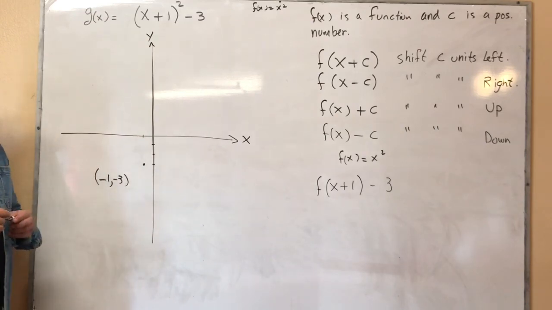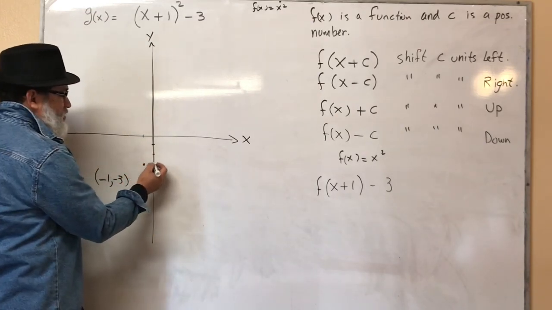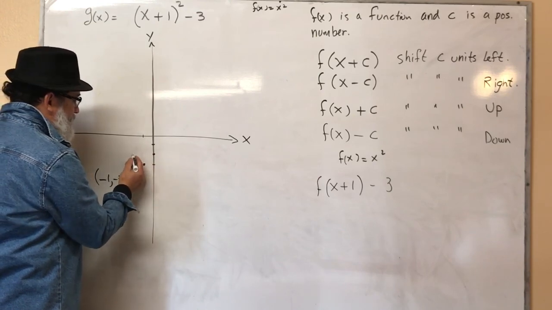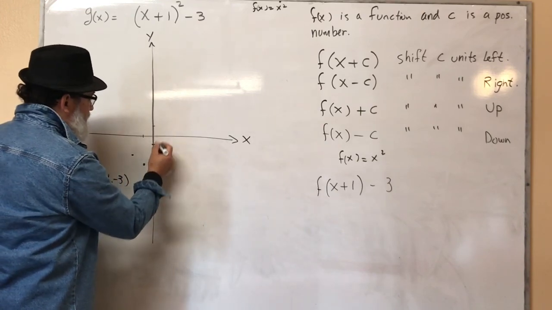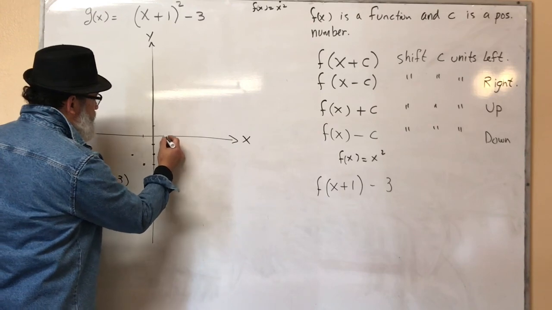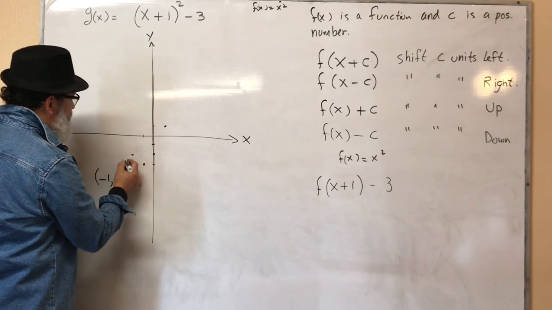Okay? So the vertex, 1 to the right, 1 up, 1 to the left, 1 up. Twice to the right, 4 up. Twice, 1, 2, 3, 4, up. Twice to the left, 4 up.